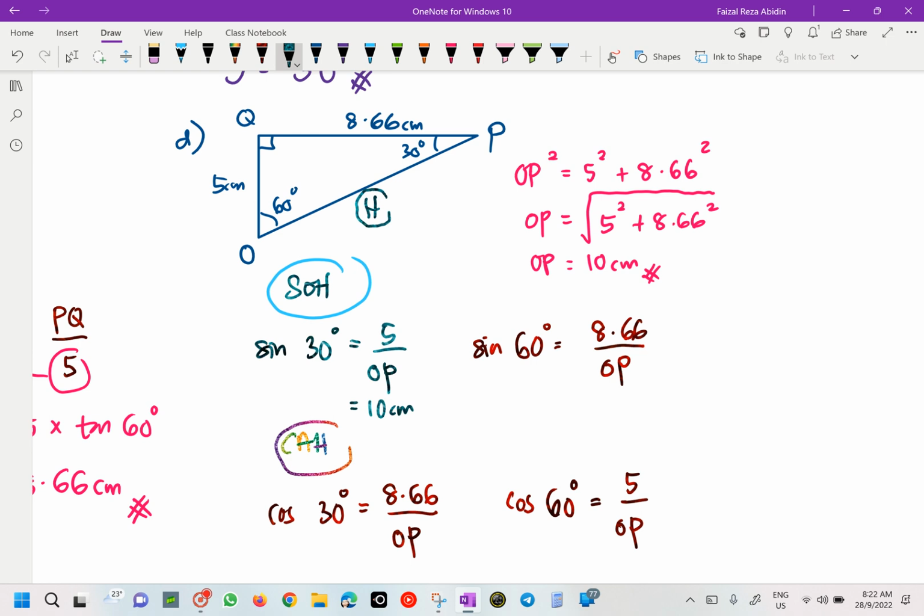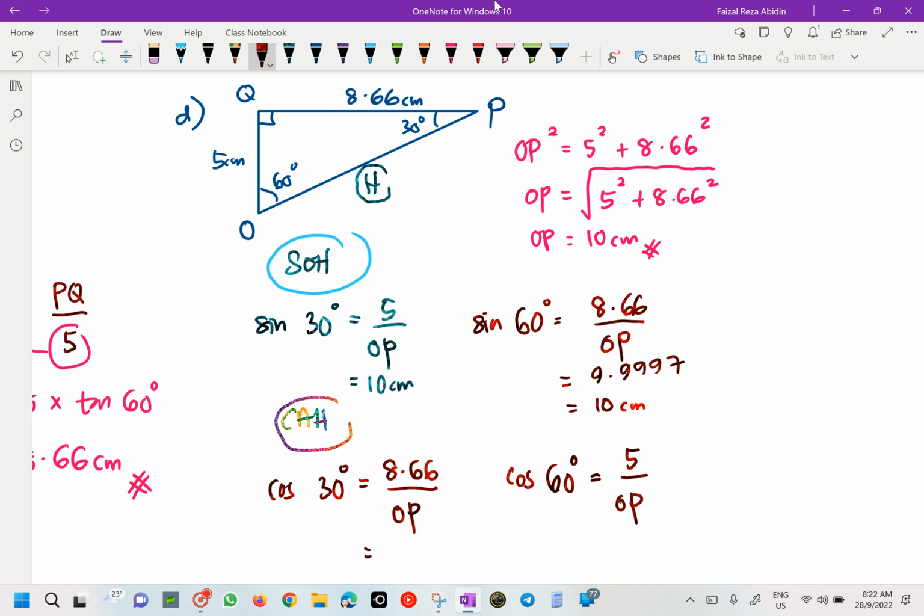This one, 8.66 divided by sine 60. 9.99999. So, it's 10. We are going to round off, isn't it? You get using your calculator 9.9997. So, we round off to 10 also. For this one, 8.66 divided by cos 30. 9.99997 also, right?